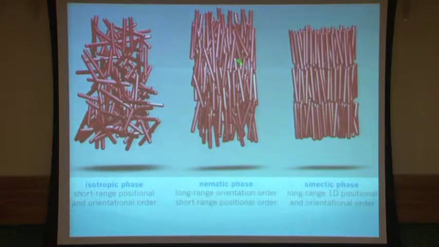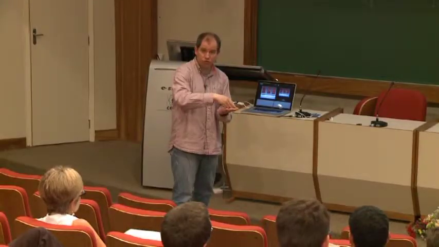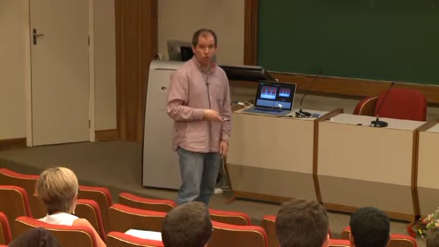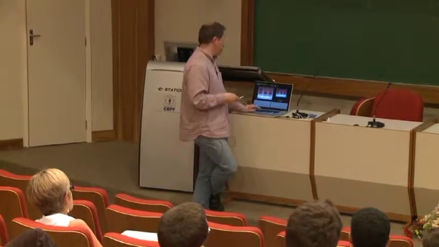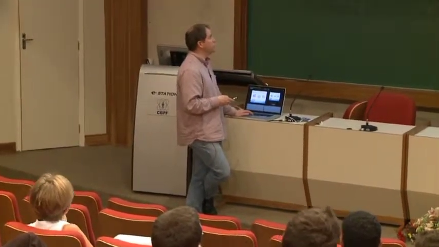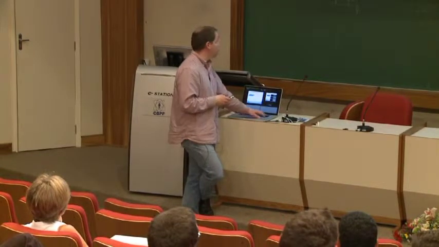That means the index of refraction is different in the two directions, and so you get what's called birefringence. If you put things between polarizers, you'll see this birefringence, and that's shown over here, okay?